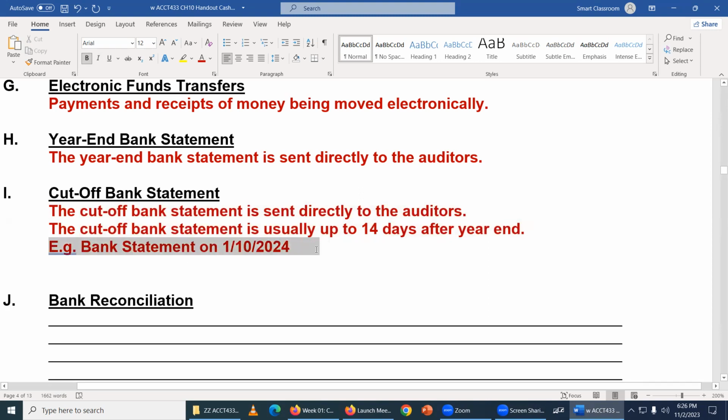So we might get a bank statement that could be up to a couple weeks into the next year. It's a cutoff bank statement.